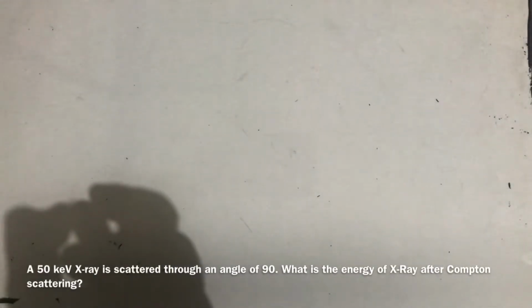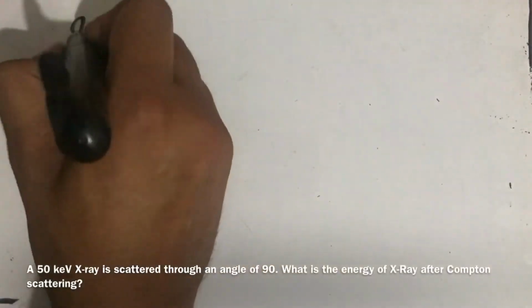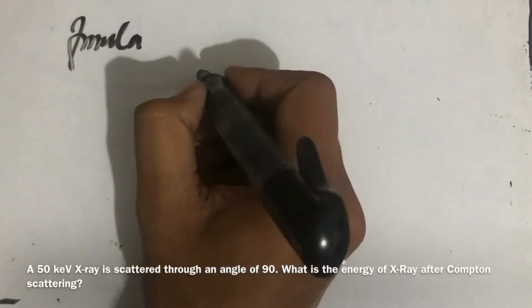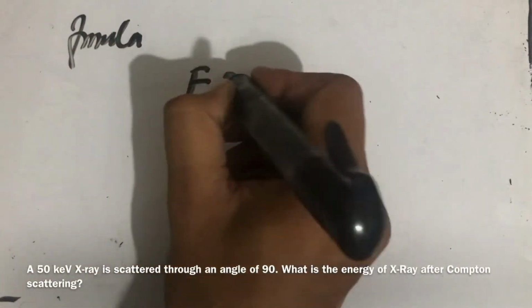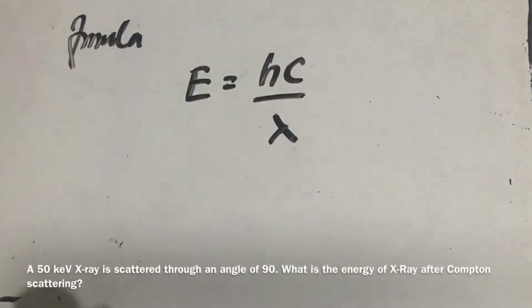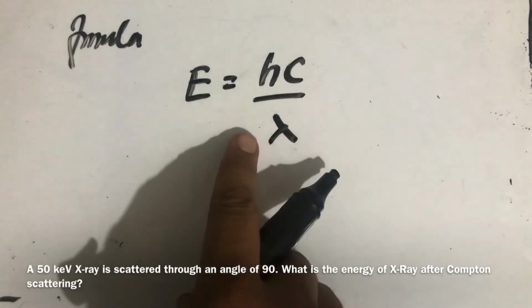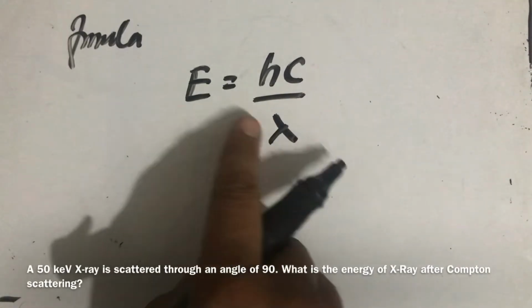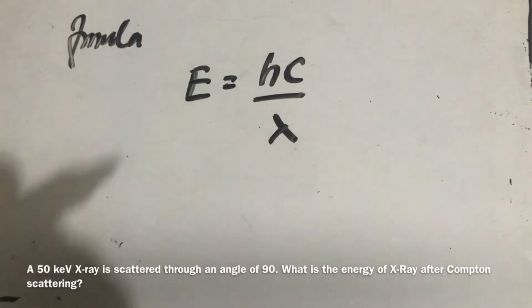Now we have a formula, which is E equal to hc divided by lambda. You guys already know that.